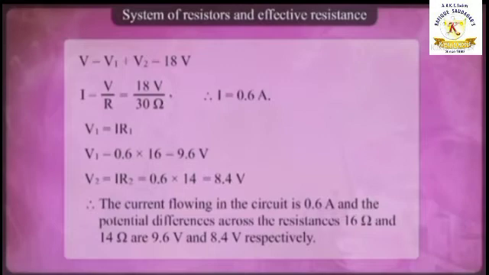So students, in this numerical, two resistances were connected in series and the potential difference applied across them was given as 18 volt. We had to calculate the current flowing through the circuit, and then we calculated the potential difference across each individual resistor, across the resistor of 16 ohm and across the resistor of 14 ohms.